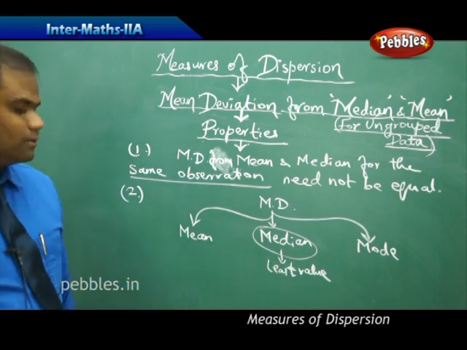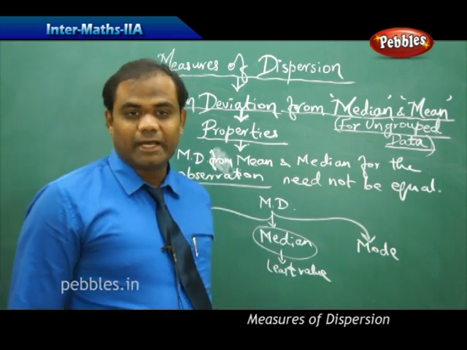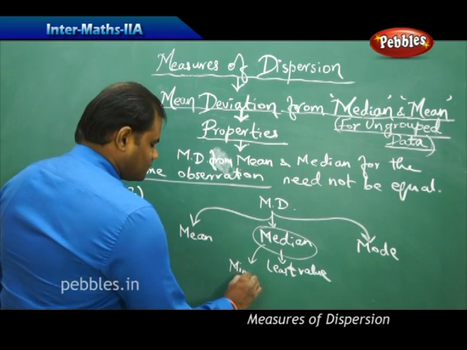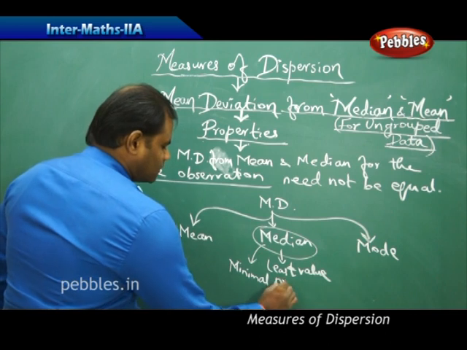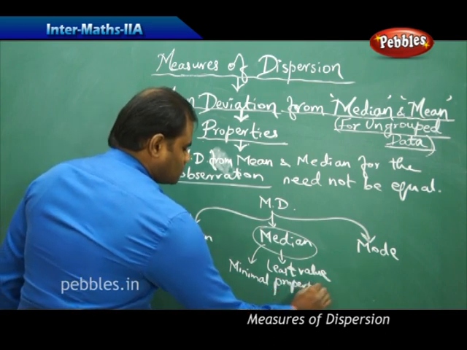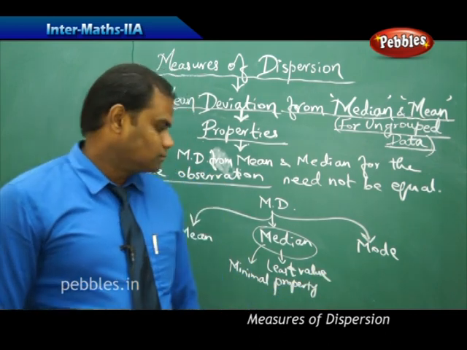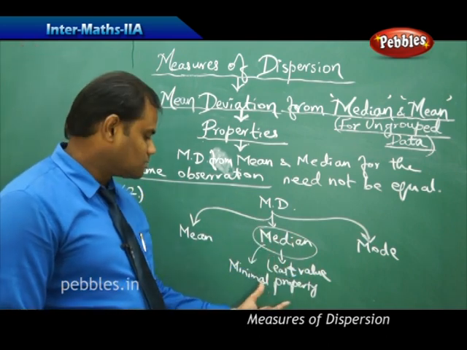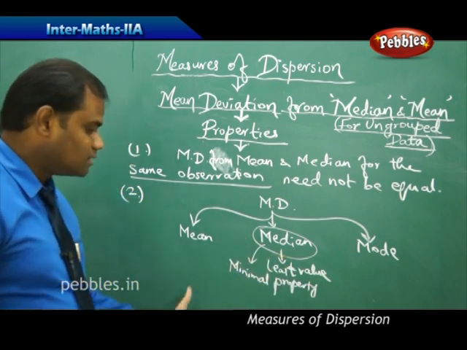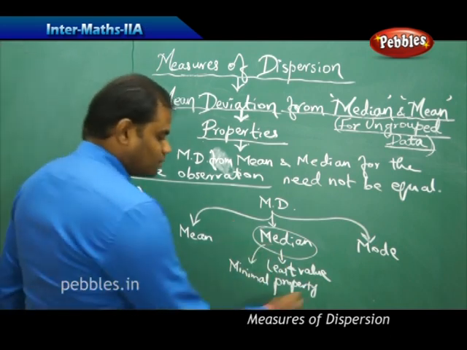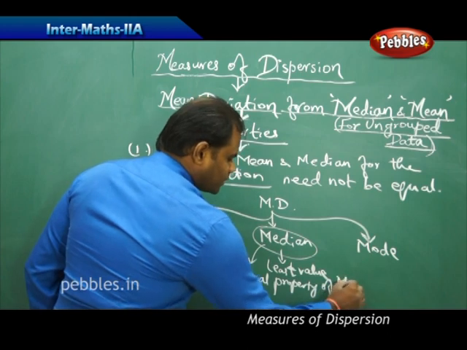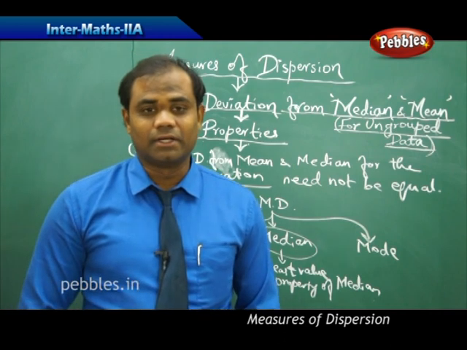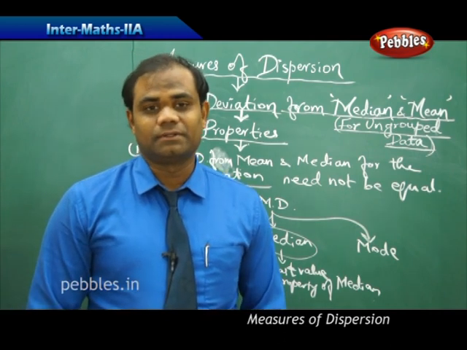It gives me the least value out of all these three, and hence this is called the minimal property. As mean deviation calculated through median gives me the least value, this is called the minimal property of median, which we refer to when compared with all the three measures of central tendency in finding the mean deviation.